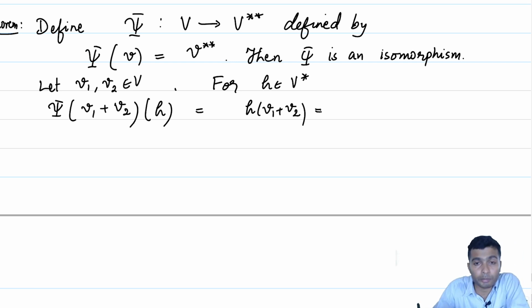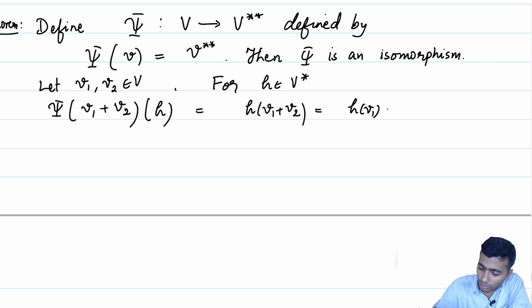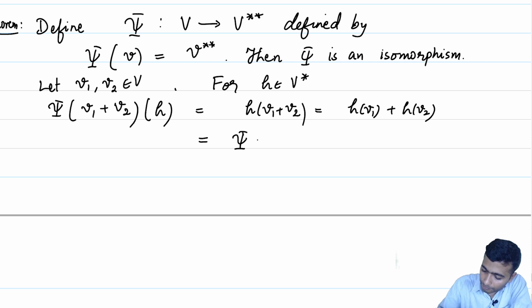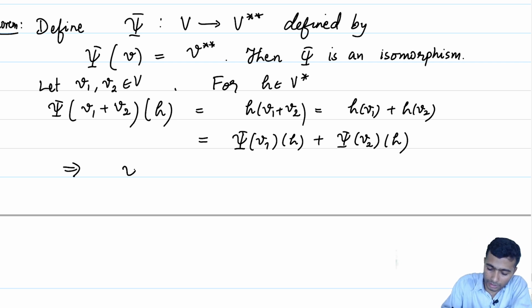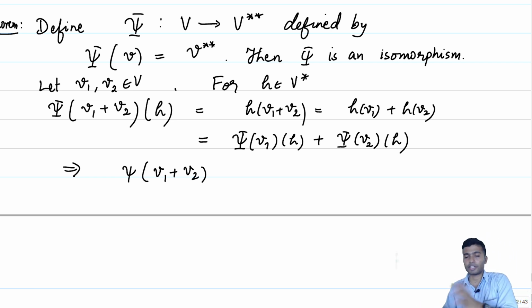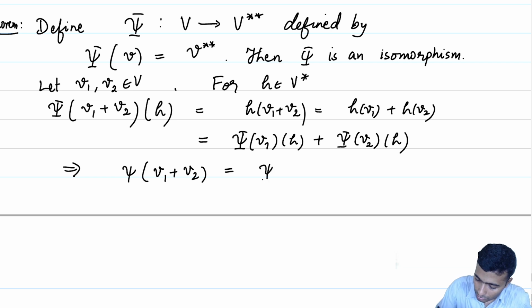But H is a linear map, H is an element in V star, and therefore H of V1 plus V2 is H of V1 plus H of V2, but that is V1 star star of H plus V2 star star of H, which is just psi V1 of H plus psi V2 of H, which hence implies that psi of V1 plus V2 is equal to psi V1 plus psi V2.